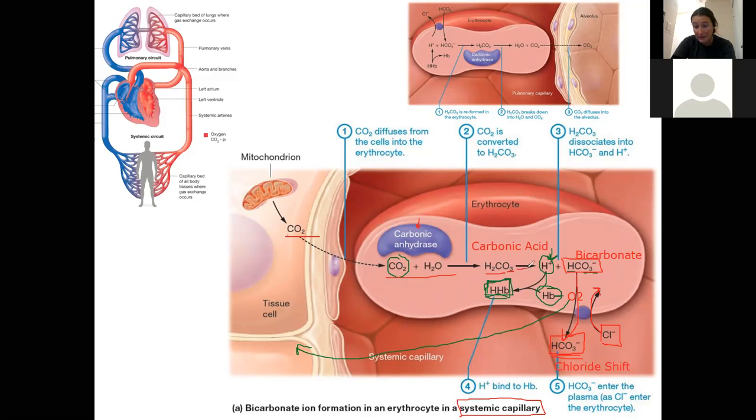Carbonic acid immediately dissociates into hydrogen and bicarbonate. Hydrogen is going to kick oxygen off of hemoglobin. Oxygen can now diffuse into our tissues, and hydrogen can be transported back to the lungs where we can deal with it again. Okay, and the bicarbonate is going to be kicked out of the cell in exchange for a chloride ion to make sure that the charge of the cell remains the same.